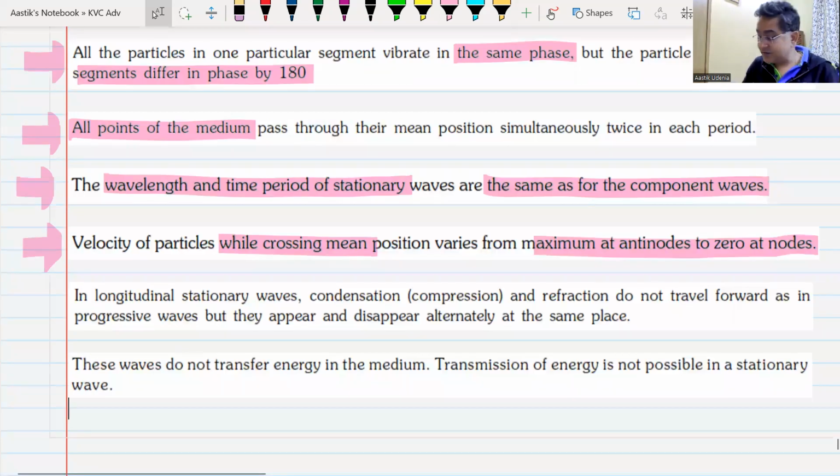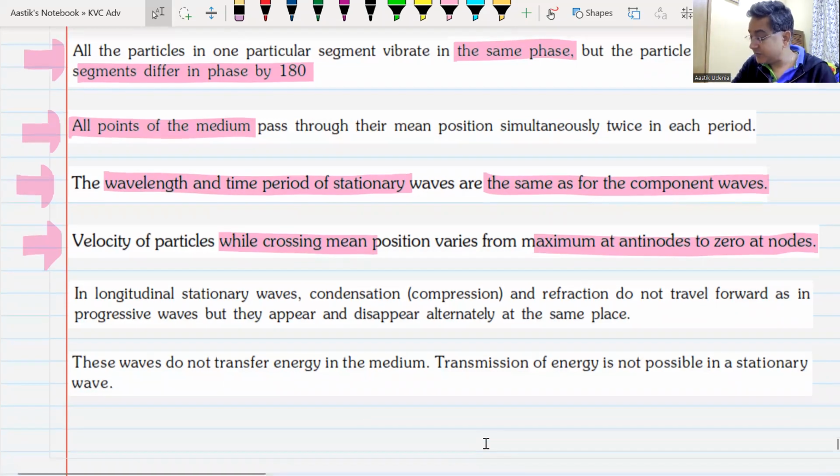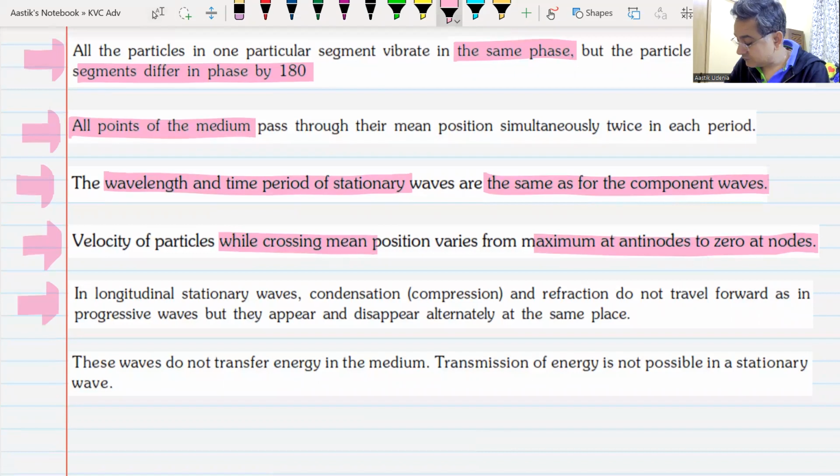Most important point, there is no energy transfer. What is the only job of a wave? What does a wave do? What is the main function of a wave?